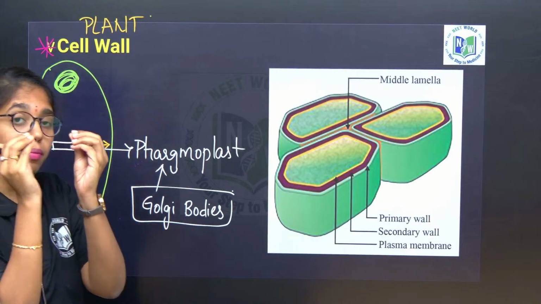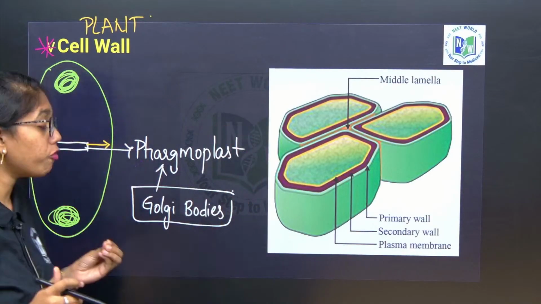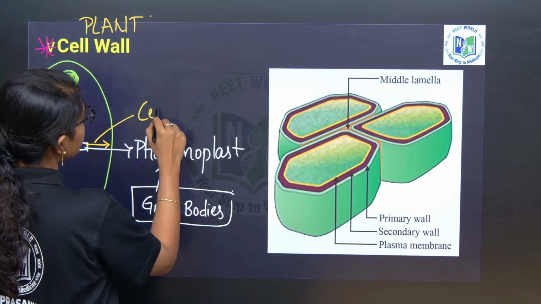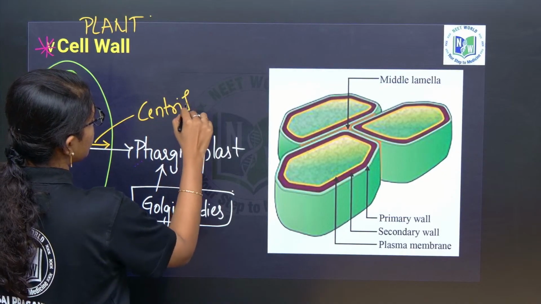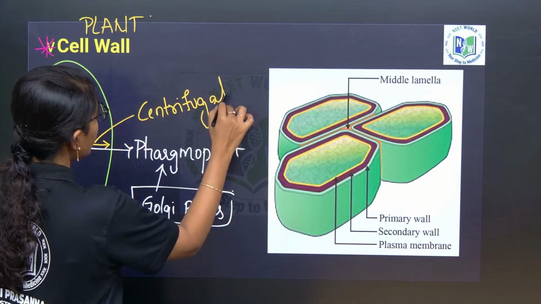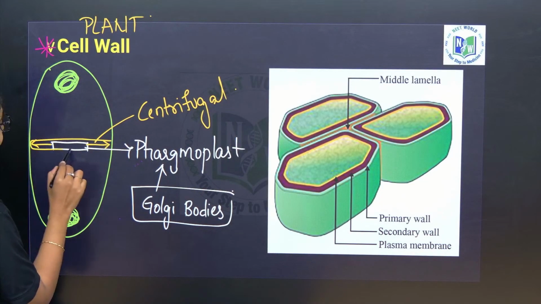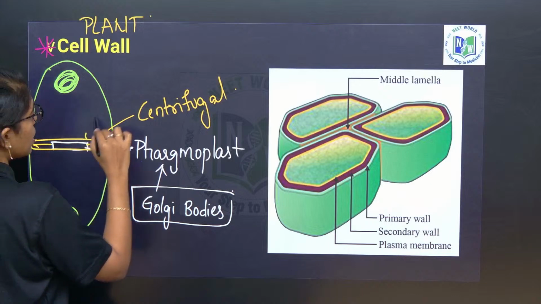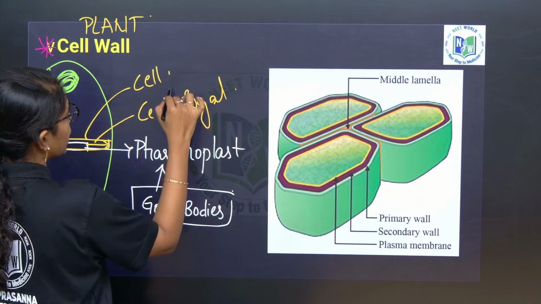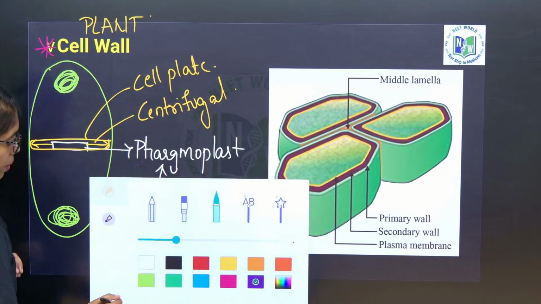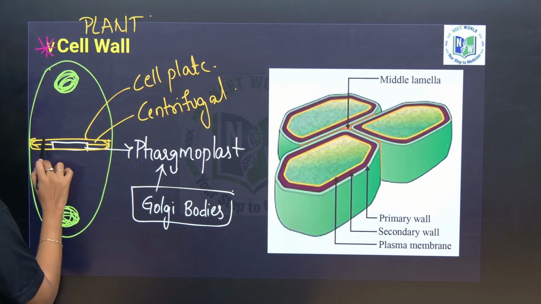The movement from center to periphery, this type of movement is called centrifugal movement. Because of this centrifugal movement, initially the cell plate is formed. This cell plate will completely bind and mature into the middle lamellae.